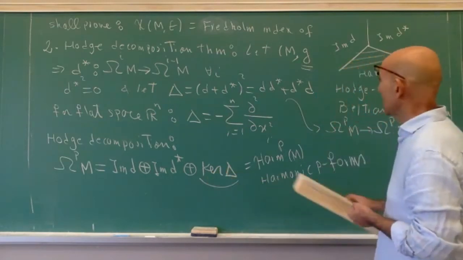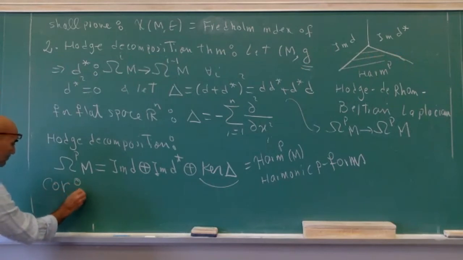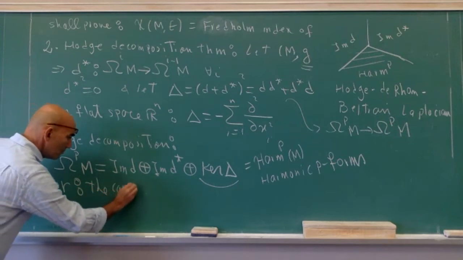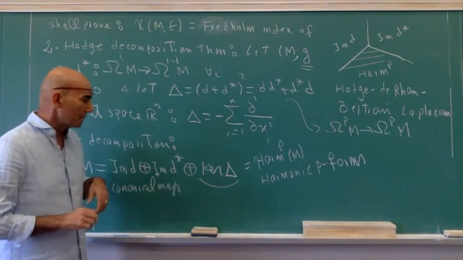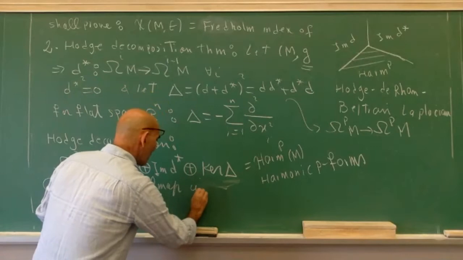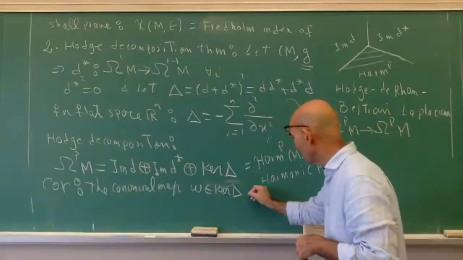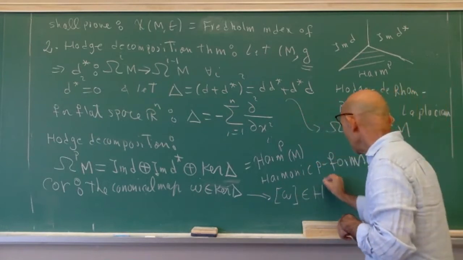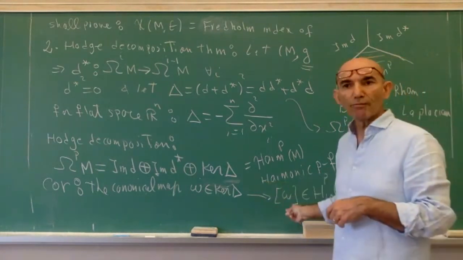So a corollary of this Hodge decomposition is that the canonical map that sends an element omega belonging to the kernel of the Laplacian, a harmonic p-form, to its class belonging to the de Rham group is an isomorphism of vector spaces.